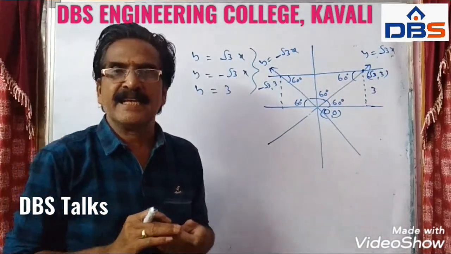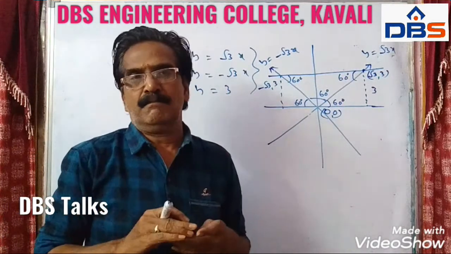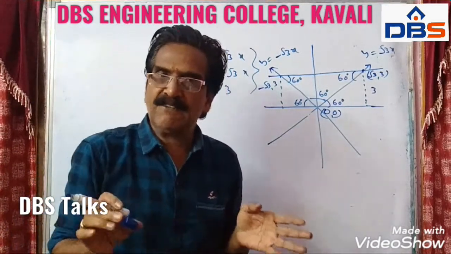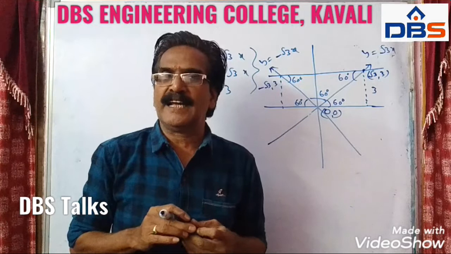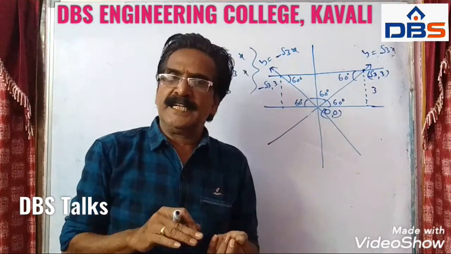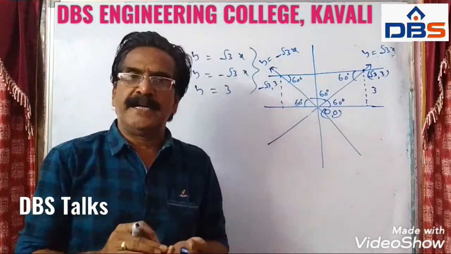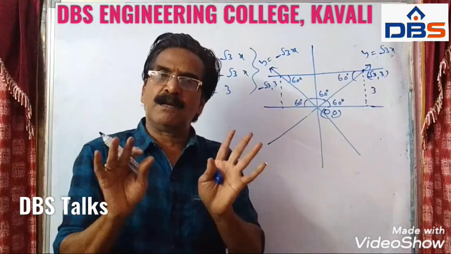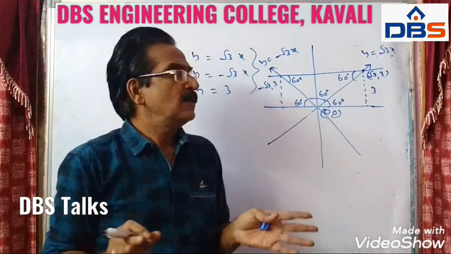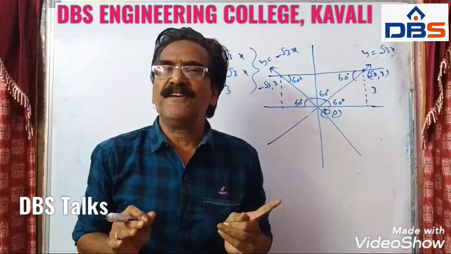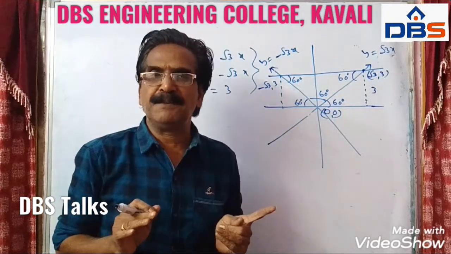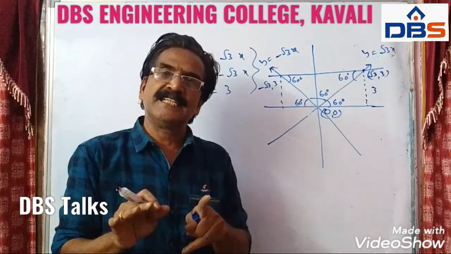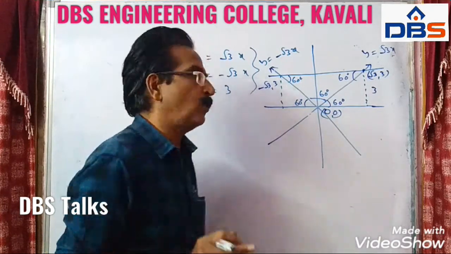For an equilateral triangle, all the centers, that is incenter, centroid, circumcenter, orthocenter, are all the same. So we can simply find the centroid. Then it itself is the incenter also.